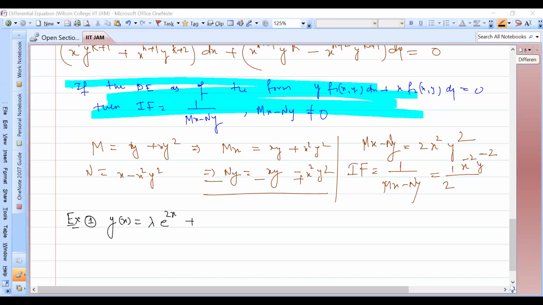e raised to beta x is a solution of the differential equation d2y by dx2 plus dy by dx minus 6y equals 0, and they have given y(0) equals 5.